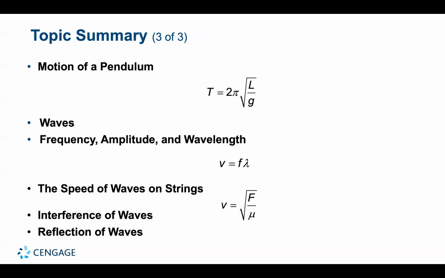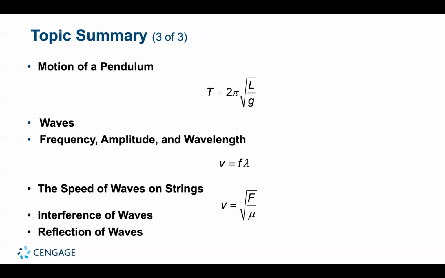Waves: in a transverse wave, the elements of the medium move in a direction perpendicular to the direction of the wave. An example is a wave on a stretched string. In a longitudinal wave, the elements of the medium move parallel to the direction of the wave velocity. An example is a sound wave.